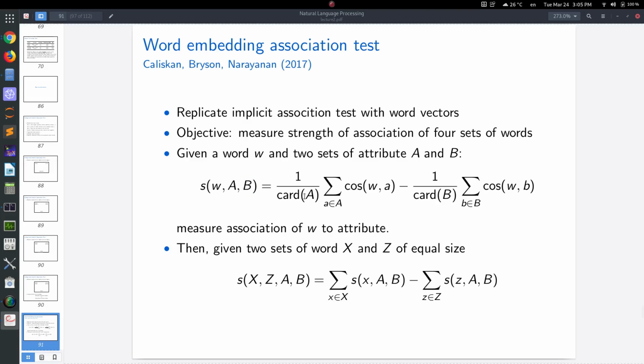But if there is a difference between the two sets with respect to W, we'll have a value that's not 0.